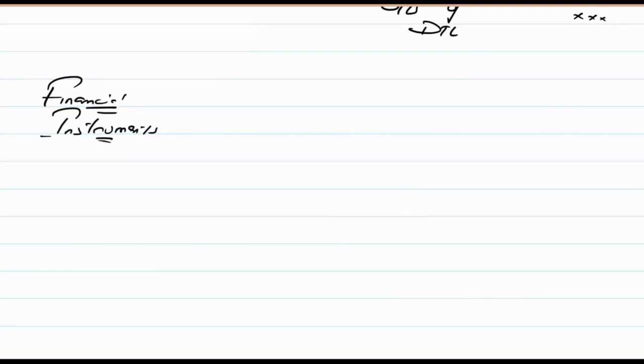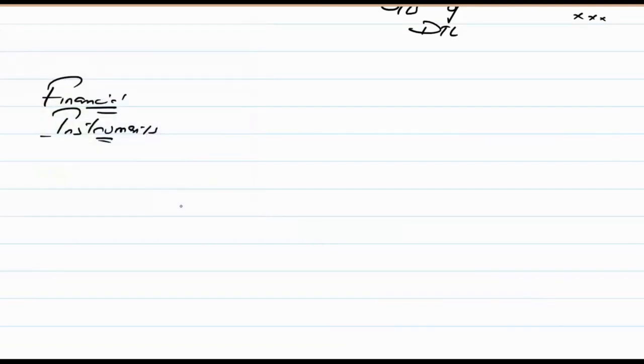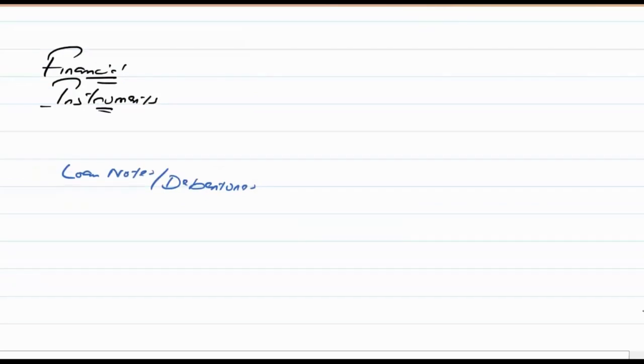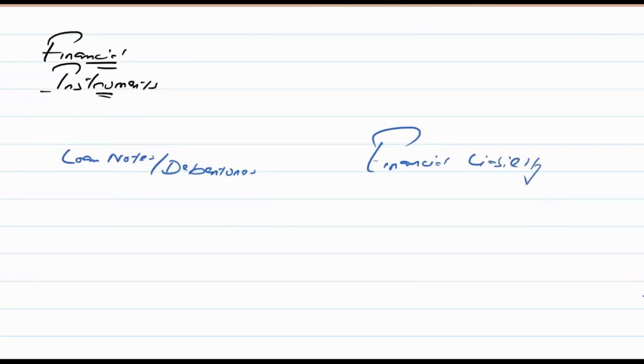So within the financial instruments, the things we regularly see within an exam question are the loan notes or debentures, which are recorded as the financial liability at amortized cost.